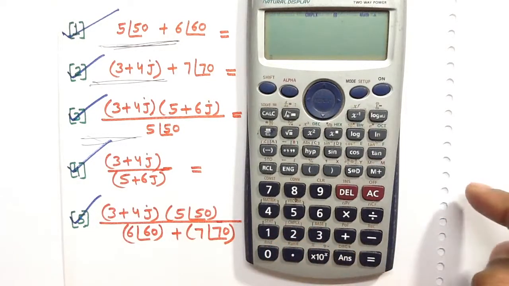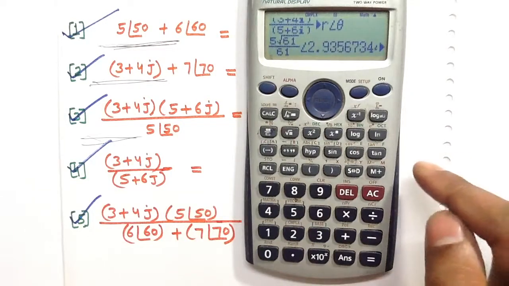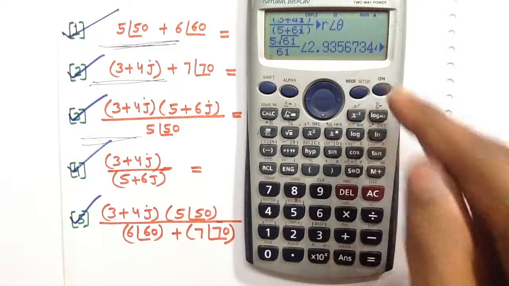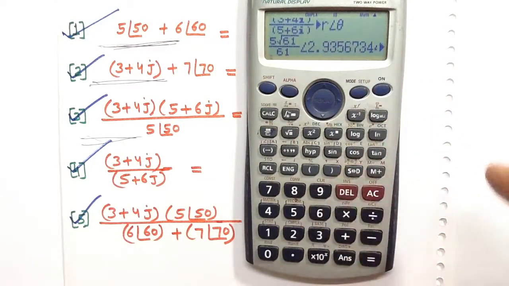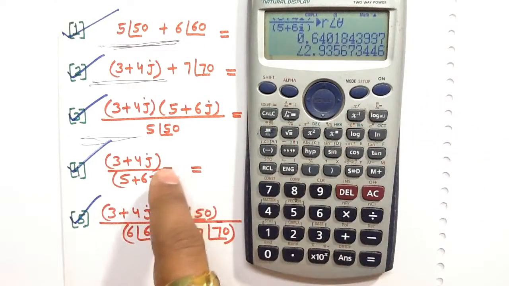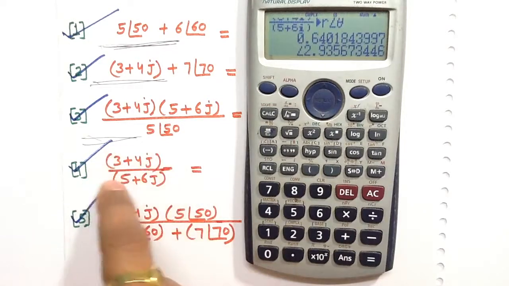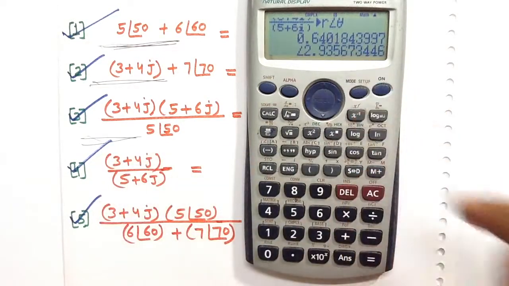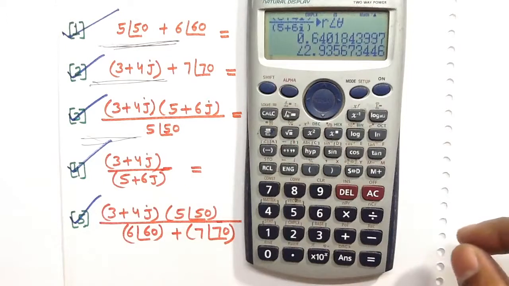To get the solution in decimal form, press S-D. So the polar form of the answer of question number 4 is 0.64 angle 2.935.